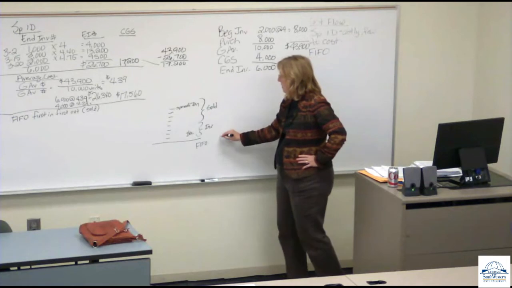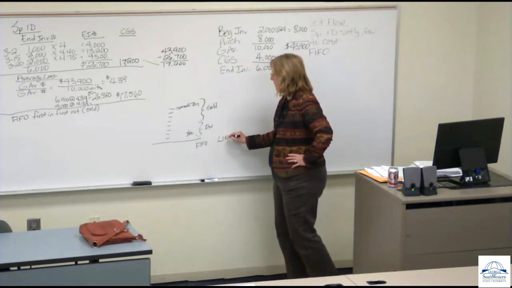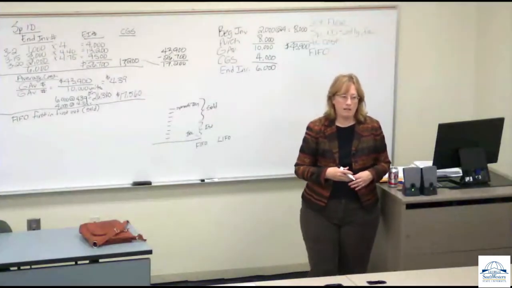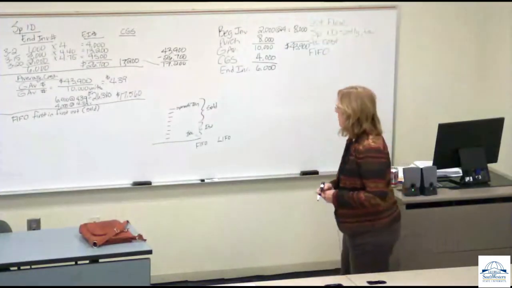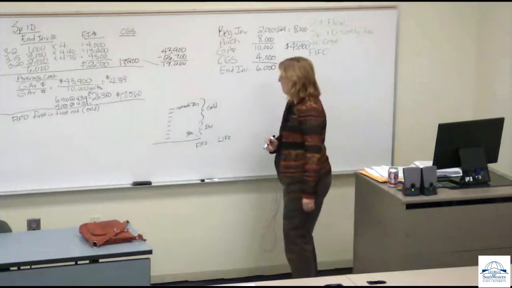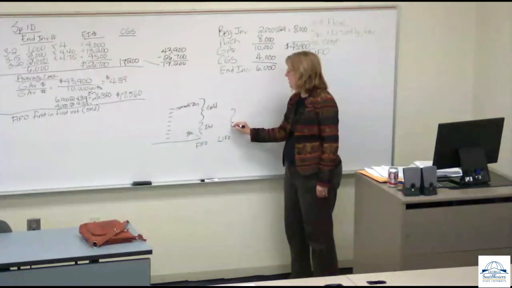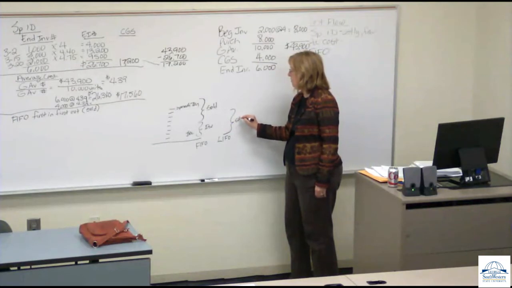Now, the opposite of FIFO is LIFO. Last ones in, first ones out. So what does that mean? The last things in are the ones that are sold. These things are sold, and these things are in inventory.